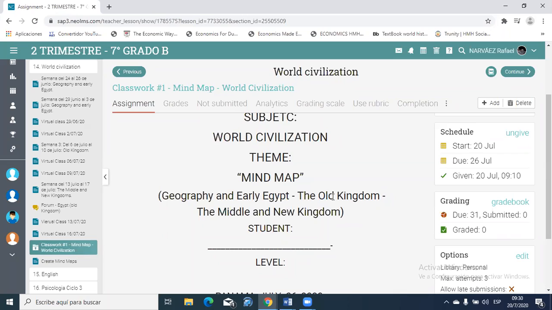Over here, remember that we talk about the upper Egypt, the lower Egypt. Over here, we talk about the Nile. We talk about the deltas and different things. Now in this one, we are talking about different architecture, or we are talking about the temples and the pyramids and things like that on the religion.